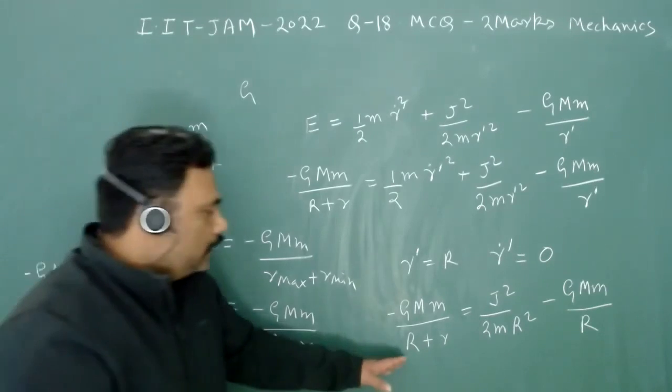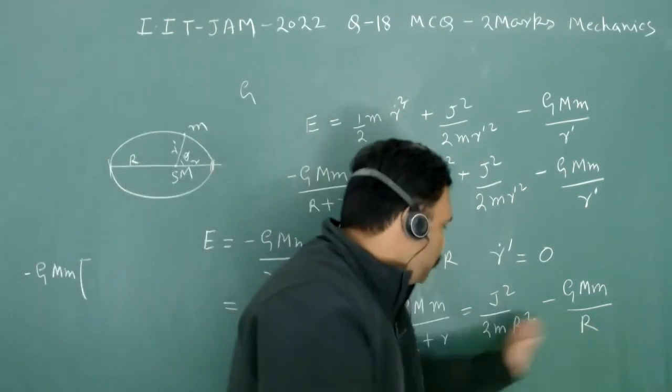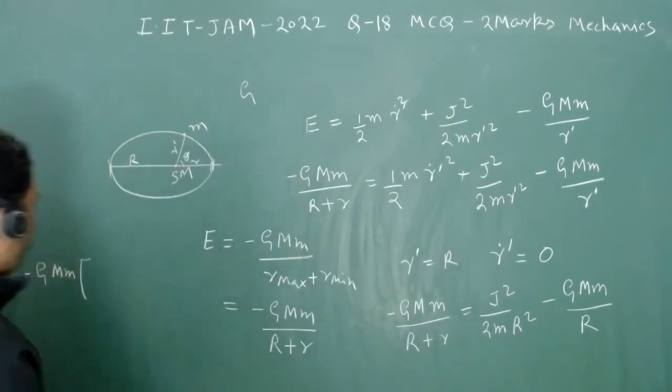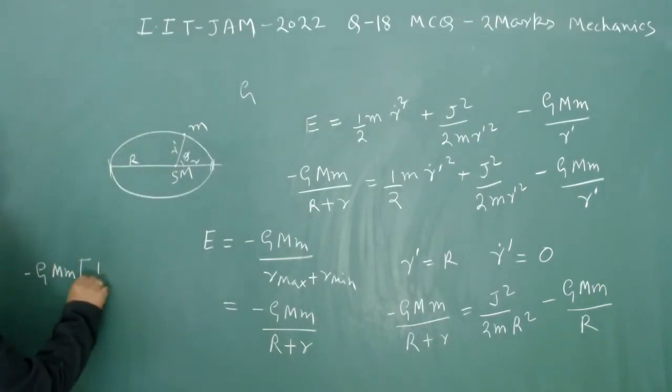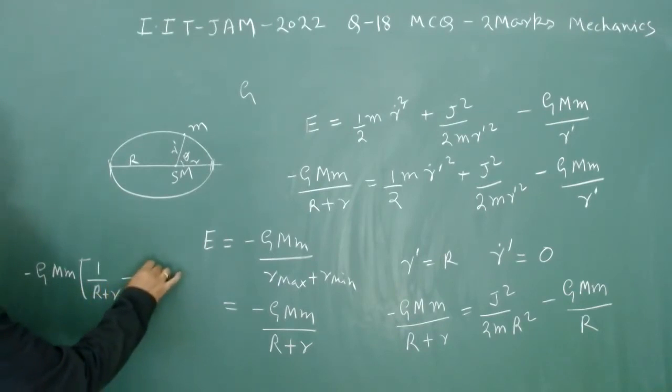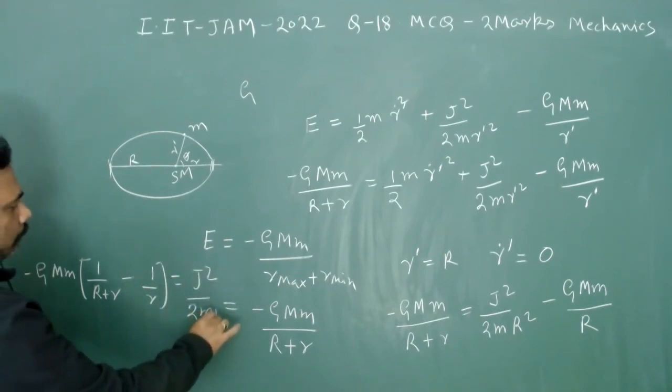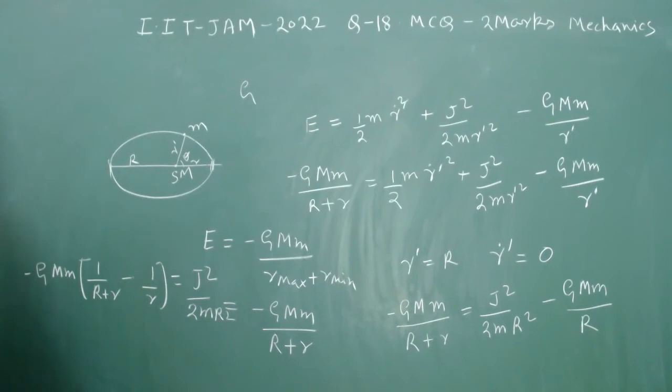Then this comes to this side, so plus, I am taking minus. So this value is minus, 1 upon R plus r minus 1 upon R, and this is equal to J square upon 2m R square.